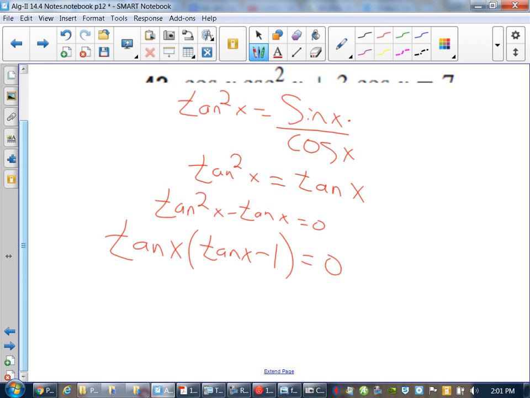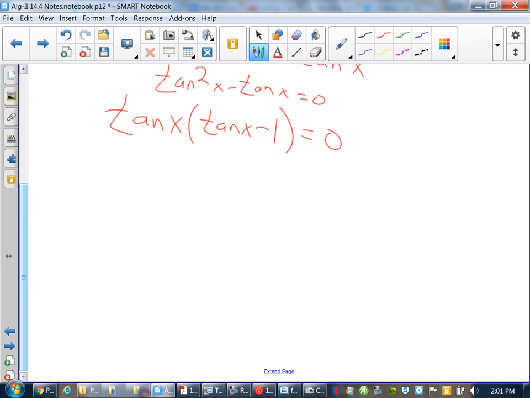Can I just say, what angle has a tangent of 0? Are we okay with me just saying that now, I hope? What angle has a tangent value of 0? And what angle has a tangent value of 1?